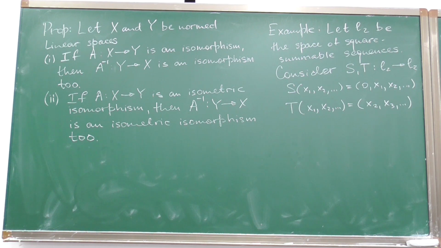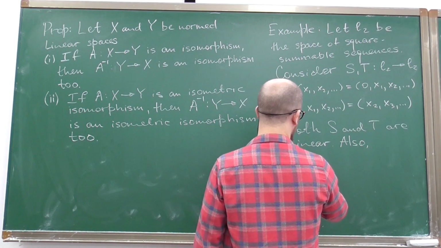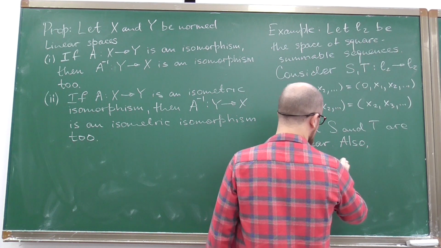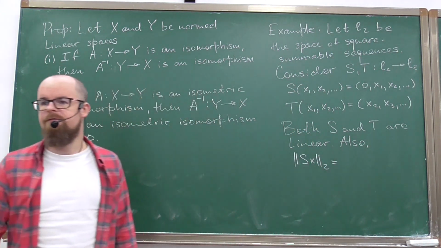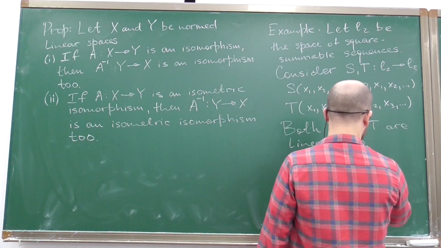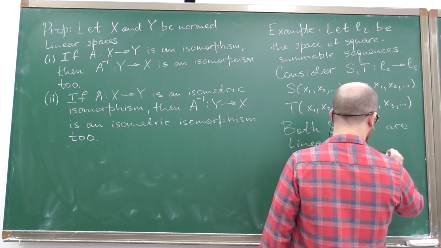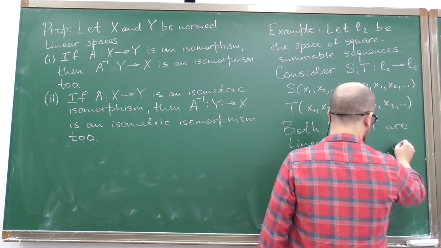So first of all, it is easy to see that both of these operators are linear. Let us quickly check that they are bounded. The norm of S of x, the 2-norm since we are in L2, is the square root of the sum of all coordinates of Sx squared.